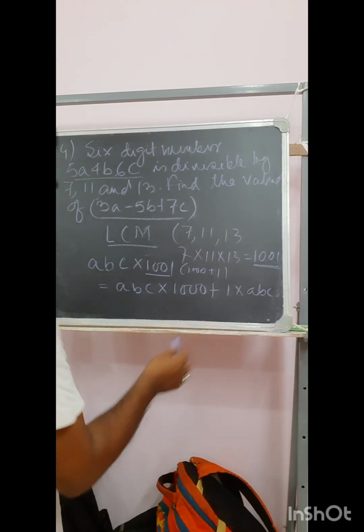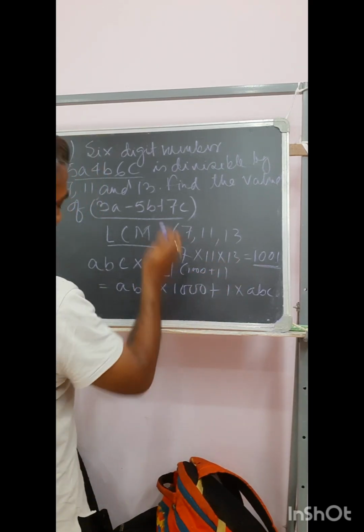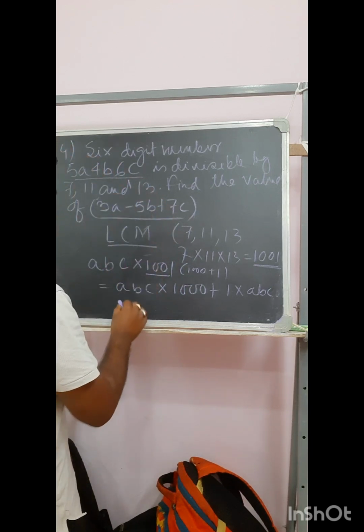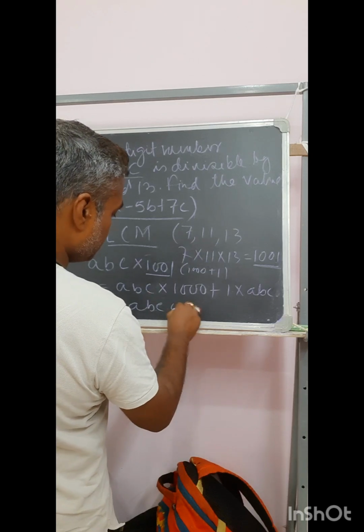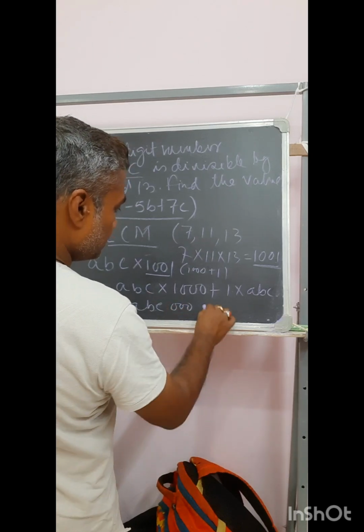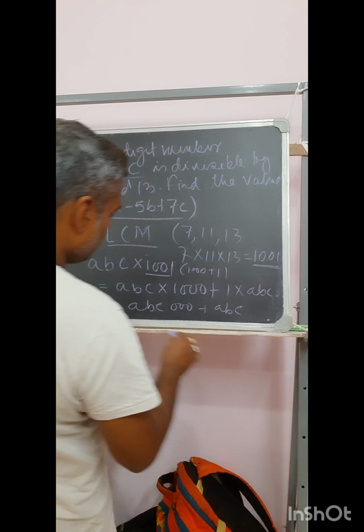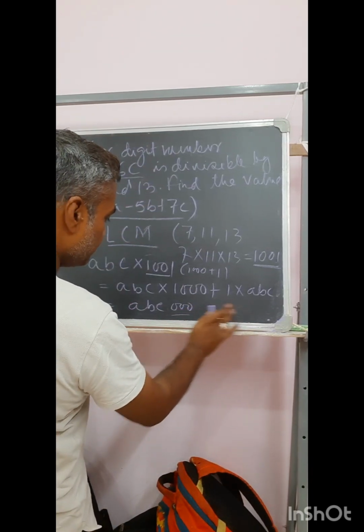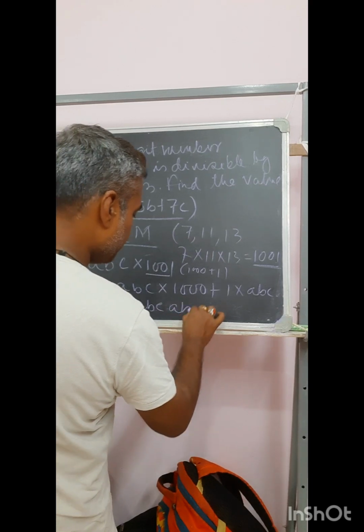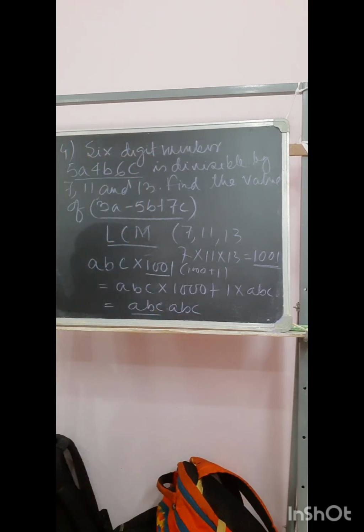I am showing the speciality of this number, 1001. So what I will get is ABC followed by 000 plus ABC. Now if I add, this ABC will come here, so the number changes by repeating the digits again.